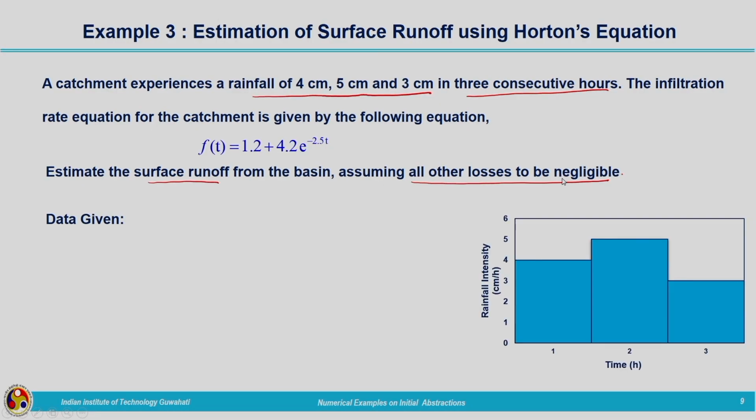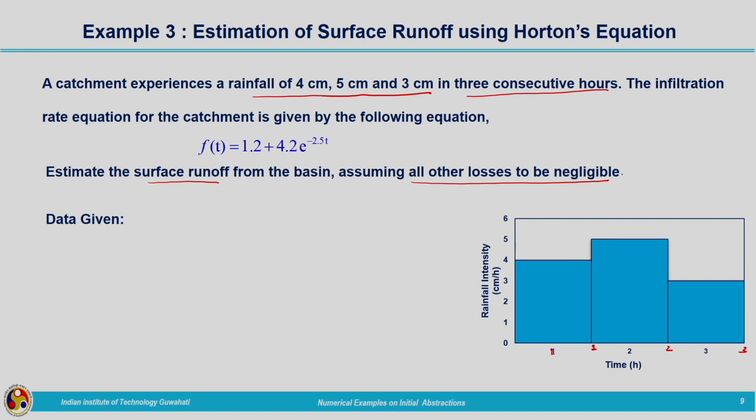Once the quantity of water corresponding to that much infiltration is quantified, that value can be deducted from the total rainfall value to get the excess rainfall, which is equivalent to the direct runoff. So, let us revisit the data given. This is our rainfall hydrograph which is given to us. This one is representing from 0 to 1 hour, 1 to 2 hours and 2 to 3 hours.